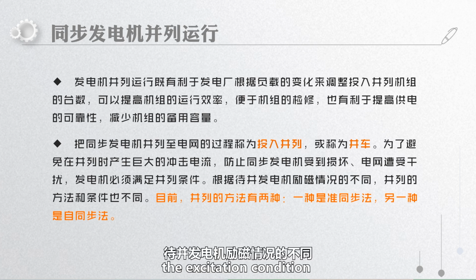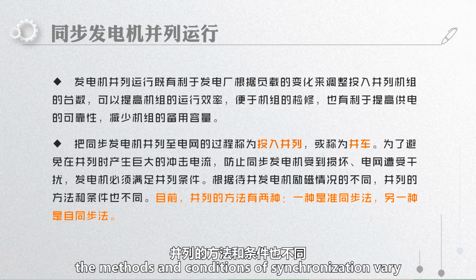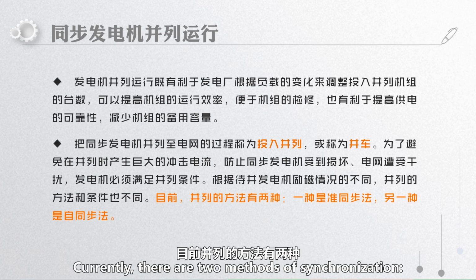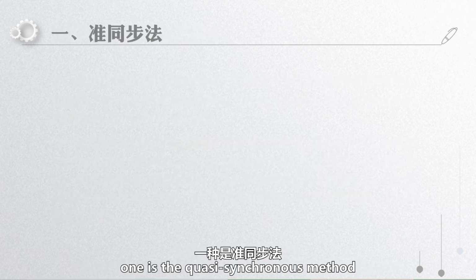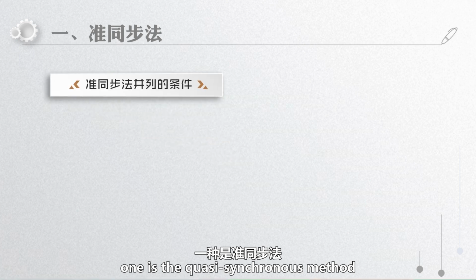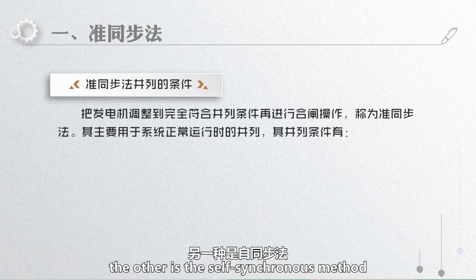Depending on the excitation condition of the generator to be paralleled, the methods and conditions of synchronization vary. Currently, there are two methods of synchronization. One is the quasi-synchronous method. The other is the self-synchronous method.